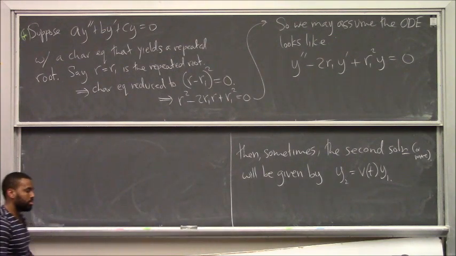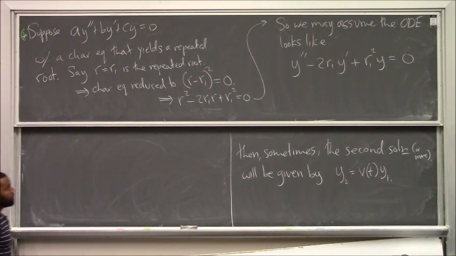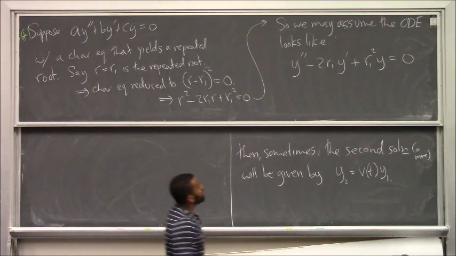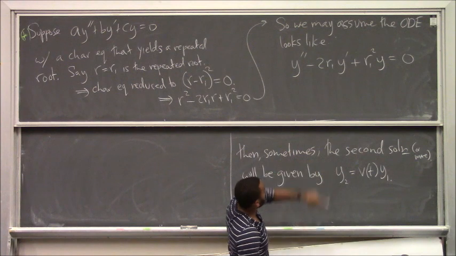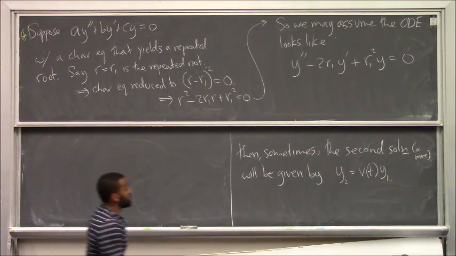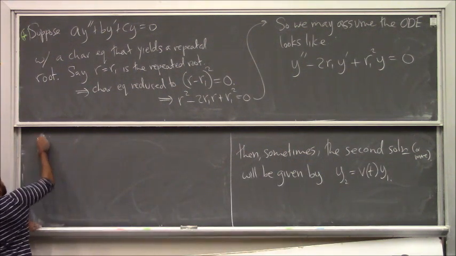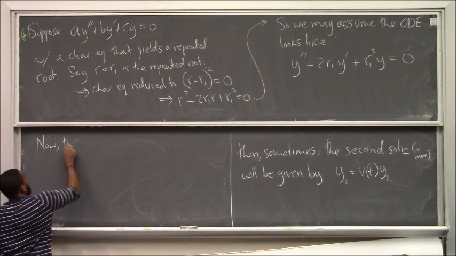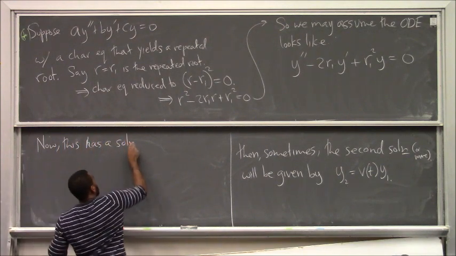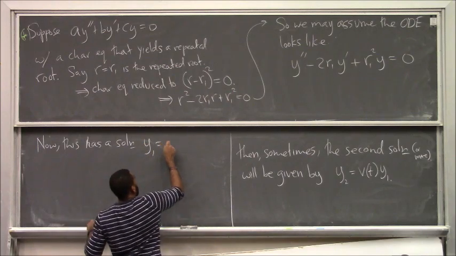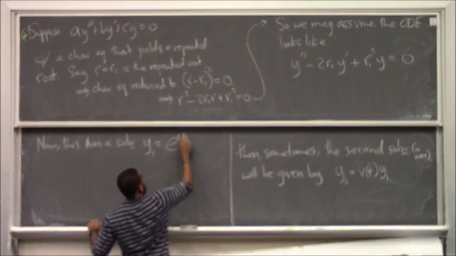We'll talk about that some other time. So now, if I had that differential equation, what's going to happen? Now, this has a solution. y1 is e to the r1 t, right?